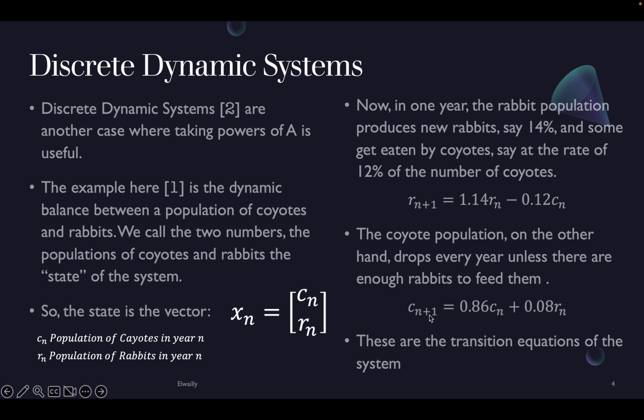The n plus 1th population of coyotes is some background increase, which is less than 1, independent of rabbits, plus the increase due to them eating rabbits. And without rabbits, their population will go down.